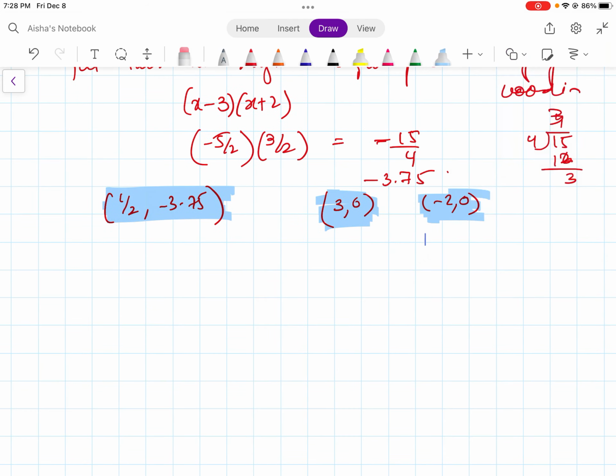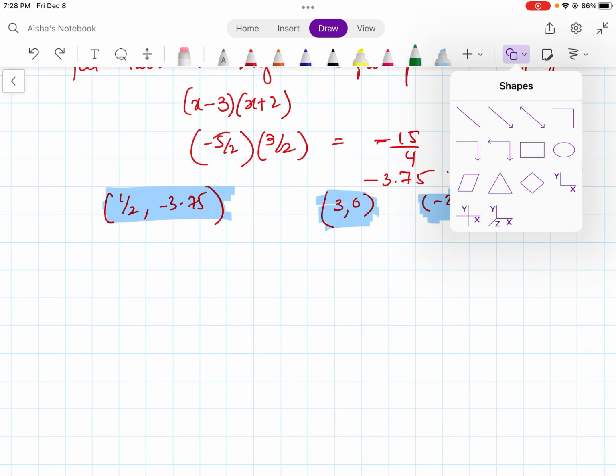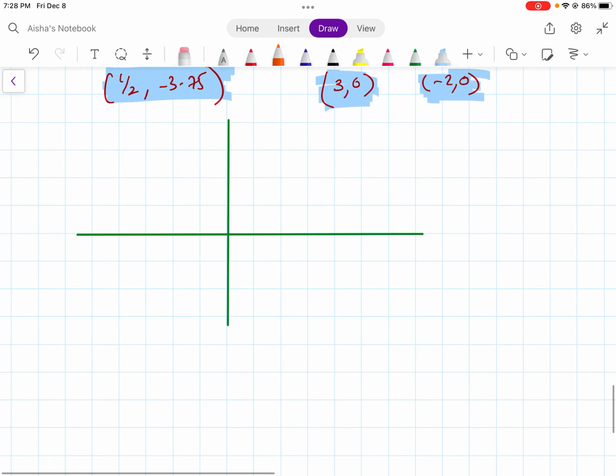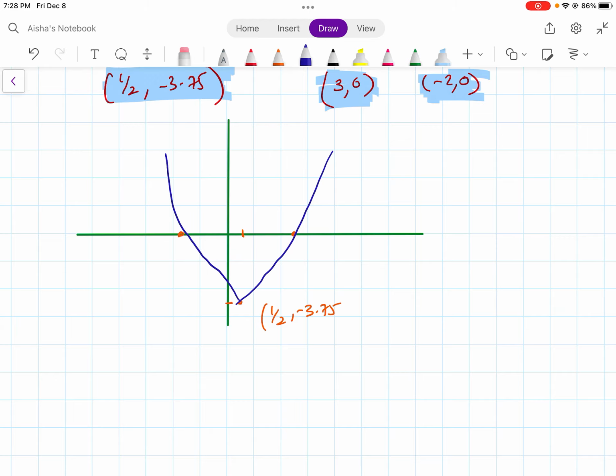Now how do we go about that? So this is just rough plotting that I'm doing. अच्छा मेरा थोड़ा सा ग्राफ गड़बड़ हो जाता है because I'm doing it on the iPad.